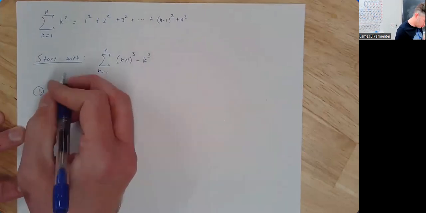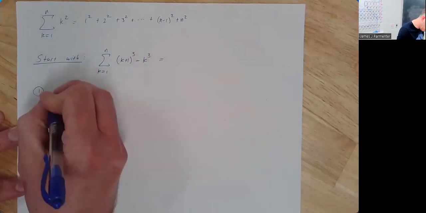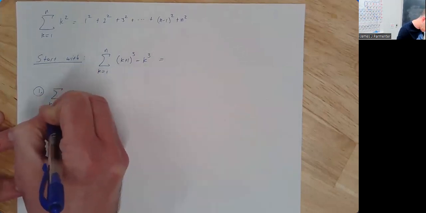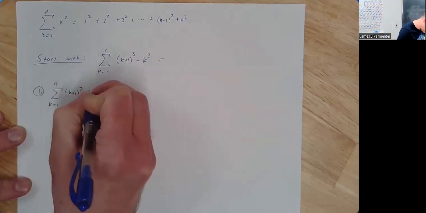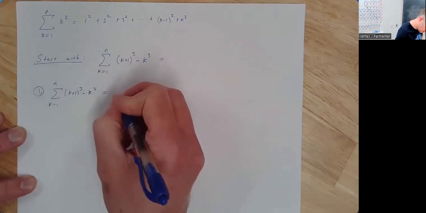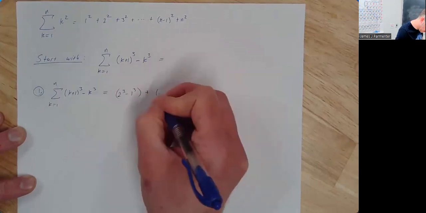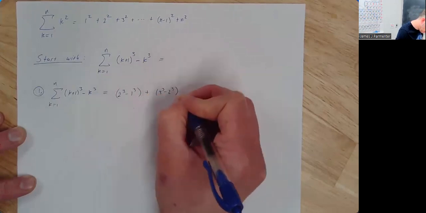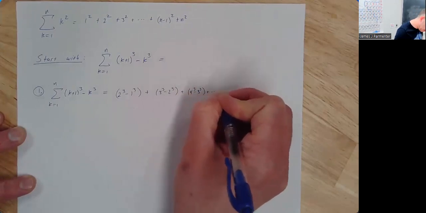So we're going to write out the terms. I'm going to get a 2 cubed minus a 1 cubed, and a 3 cubed minus a 2 cubed, and a 4 cubed minus a 3 cubed, all the way to the last couple terms.